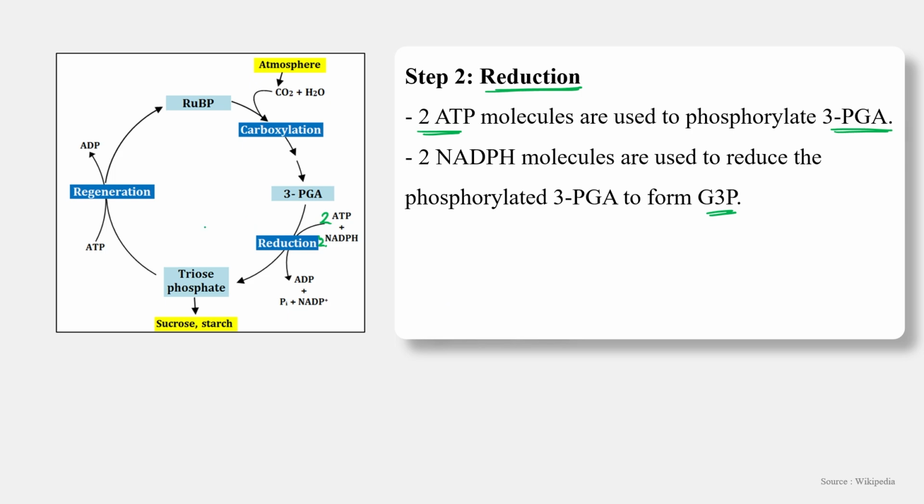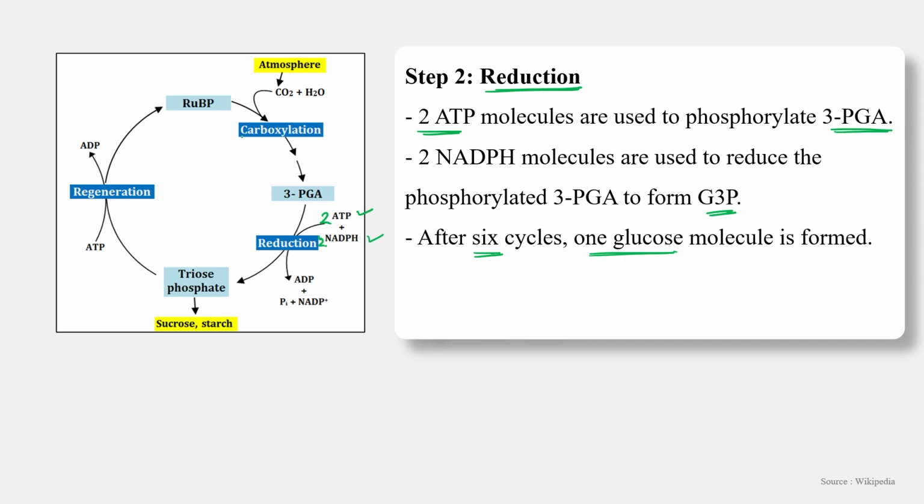So here 2 ATP and 2 NADPH are used up in this reduction process. After 6 cycles, 1 glucose molecule is formed.